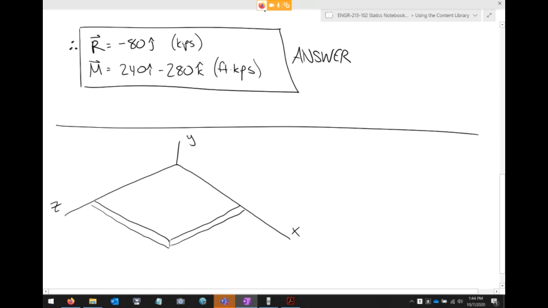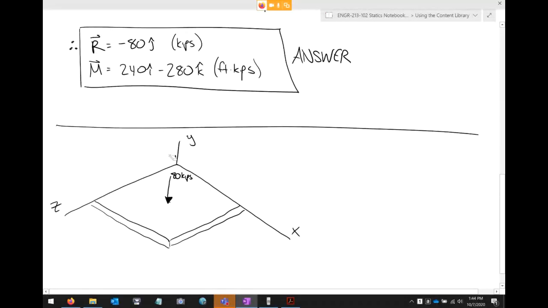And what we're saying is that the resultant is 80 kips acting downwards. And so the question becomes, where could I put 80 kips such that it generates the same amount of moment right there at the origin?